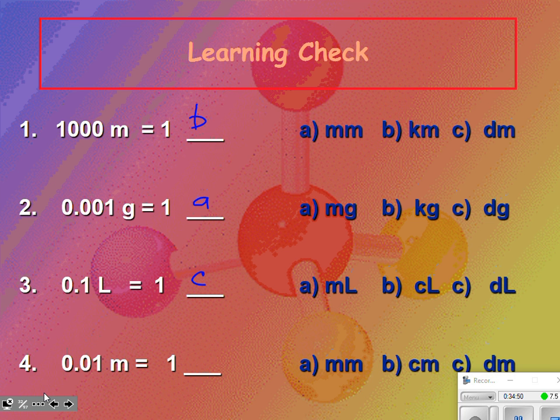And finally, 0.01 meters is equal to B, a centimeter.